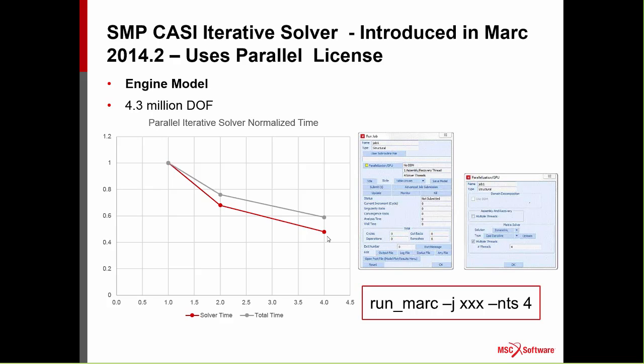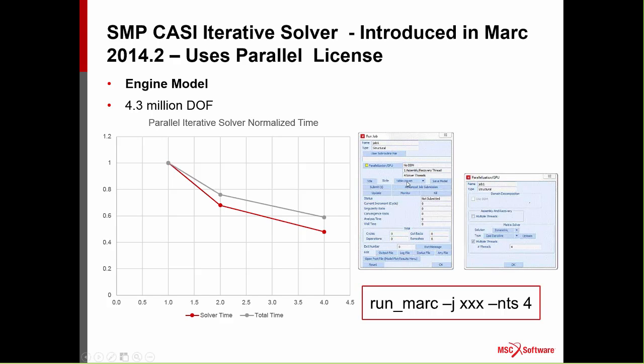And of course, I'm bringing up the CASI iterative solver again because of the usage of these new elements that I mentioned earlier. Because they don't have Lagrange multipliers, and because they generate a bit bigger bandwidth than your conventional lower order elements, the iterative solver is often very appropriate for those types of problems.